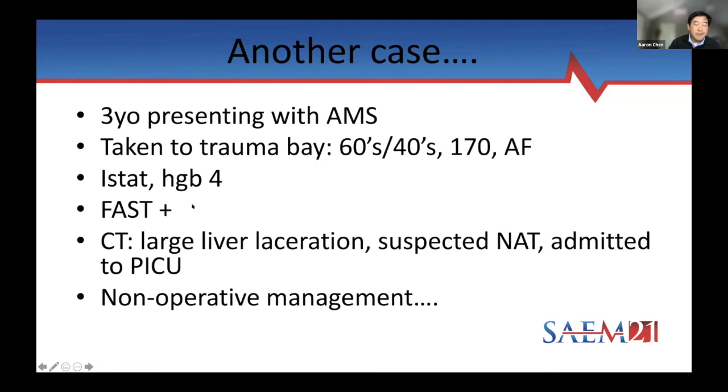In adults, this would probably be a kid where we would use the FAST scan as a triage tool to say, this is the kid that should go to the OR. But this kid, for multiple reasons, ended up going to CT, which confirmed a large liver laceration from suspected non-accidental trauma, and was then admitted to the PICU and managed non-operatively with fluids and blood replacement.